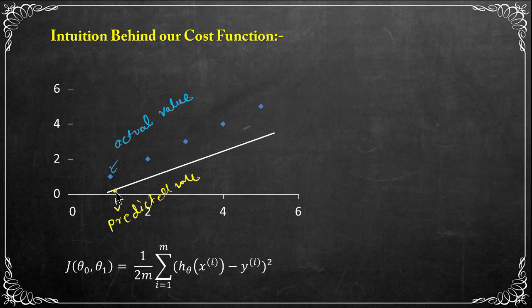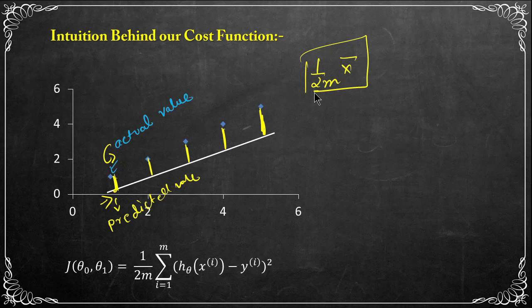It takes the difference between the predicted and the actual value, takes the mean of that, and then takes half of the mean, and we get our cost function just like this. Okay, nothing to worry about.